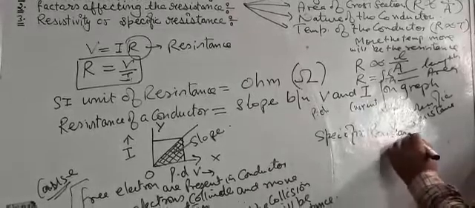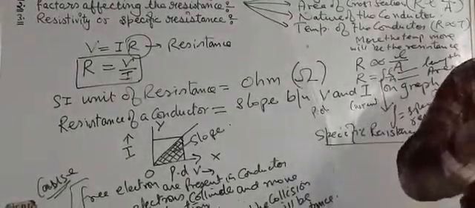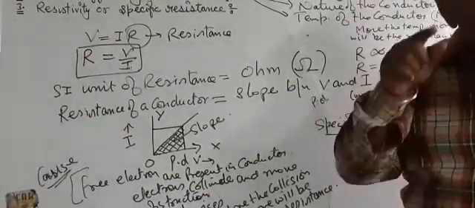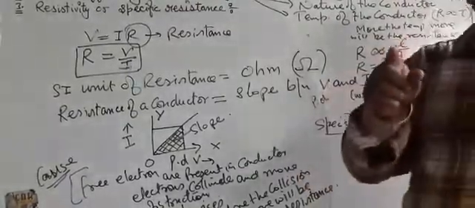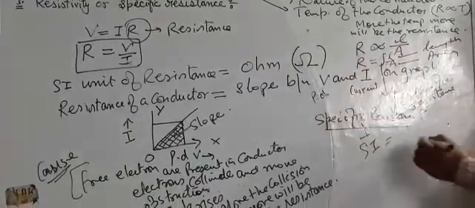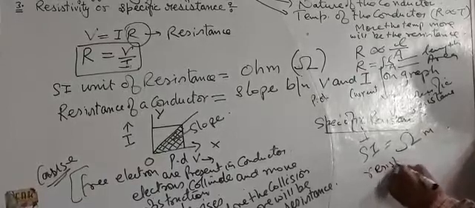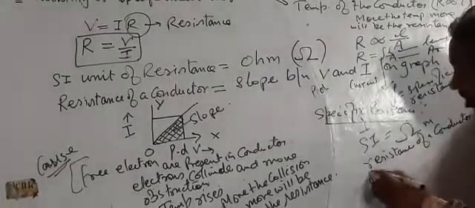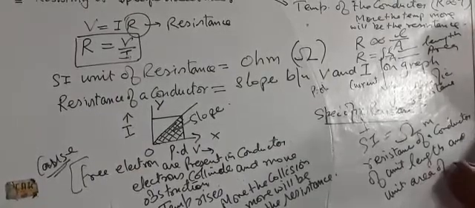Specific resistance is the resistance of a conductor of unit length and unit area of cross section. So this is the resistivity or specific resistance of the conductor. The SI unit for this is ohm meter. Why ohm meter? Because it is the resistance of a conductor of unit length and unit area of cross section.